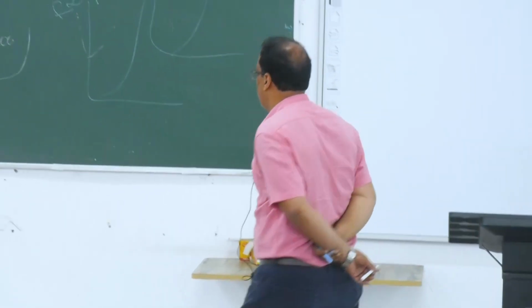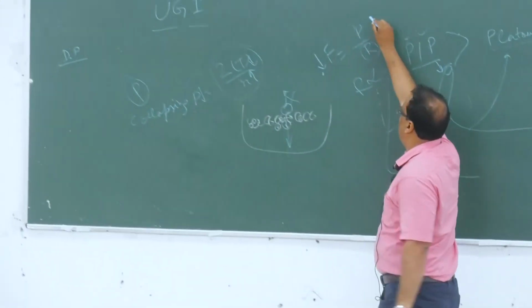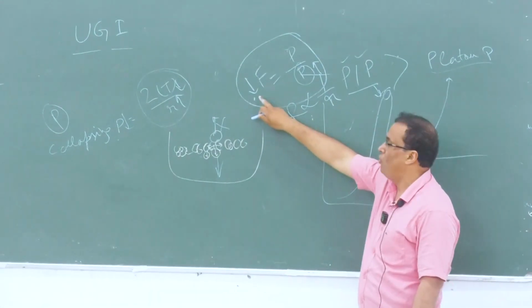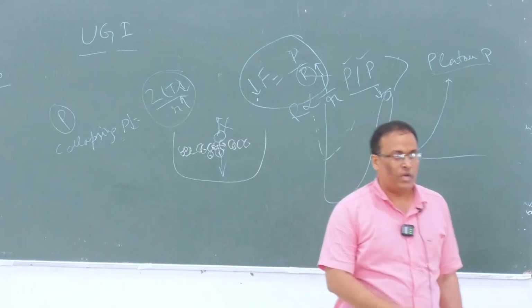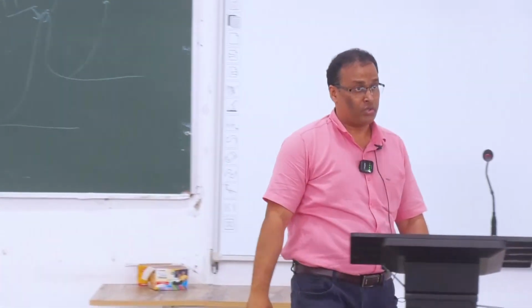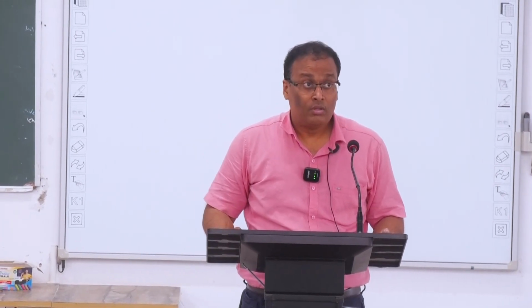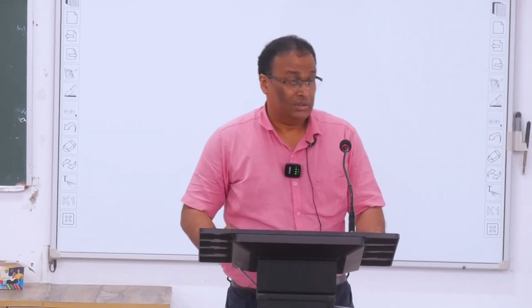Then by using this formula, what can you expect? Is the flow more in bronchus or more in bronchioles? More in bronchioles. That is the concept.